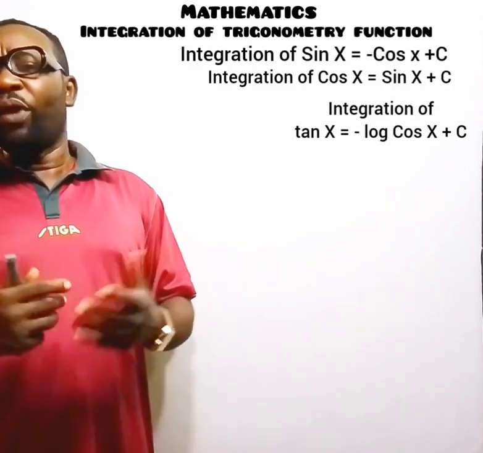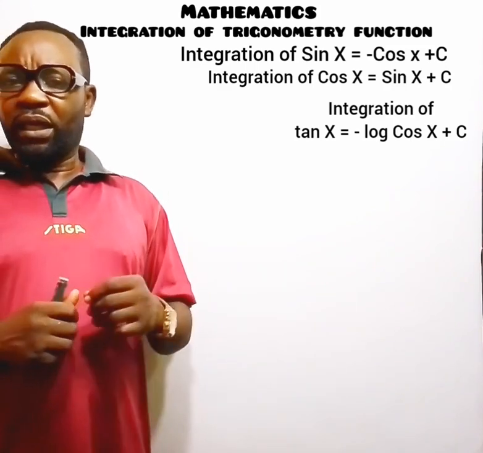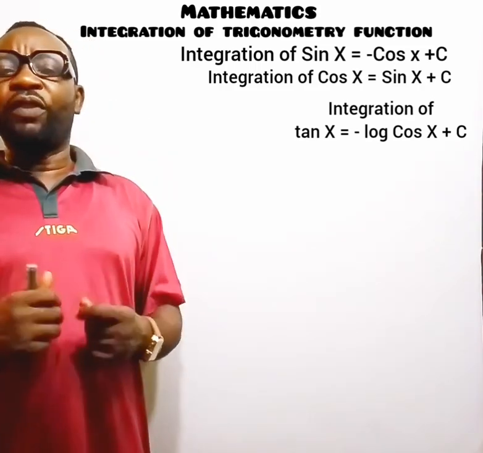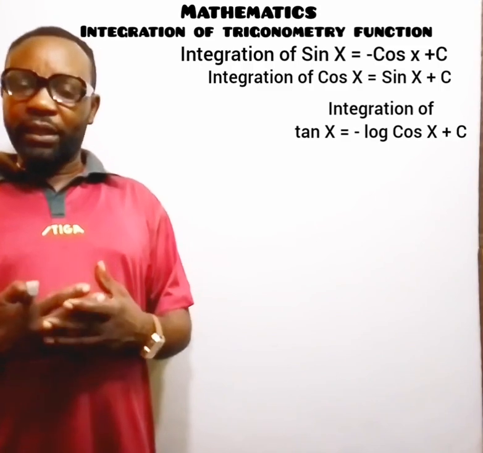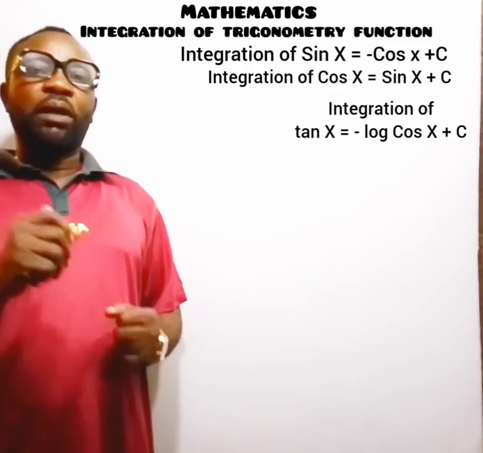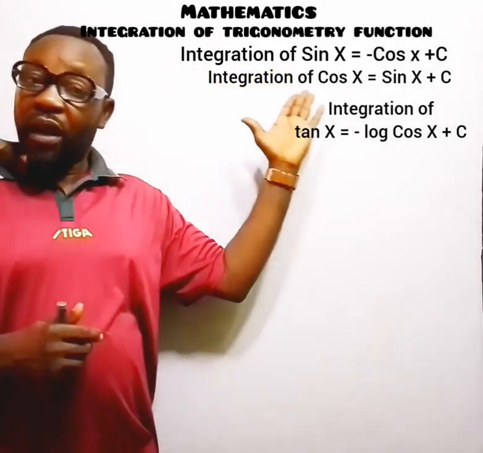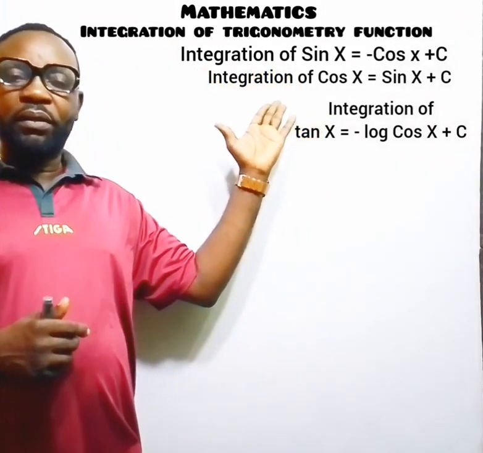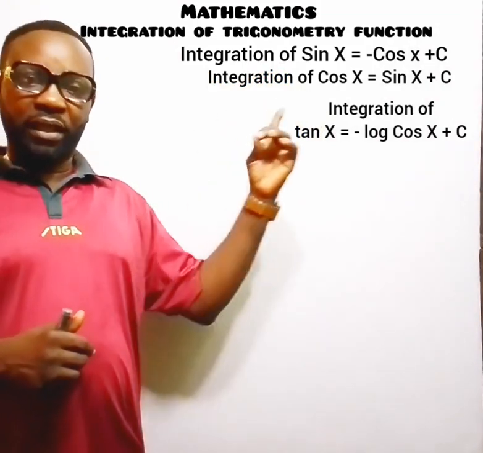Now, how do we arrive there? But don't forget, in the differentiation of the reciprocal value of x, we always get logarithm values. Now, let us look at how we are able to arrive at the value we get for the integration of tan x here.